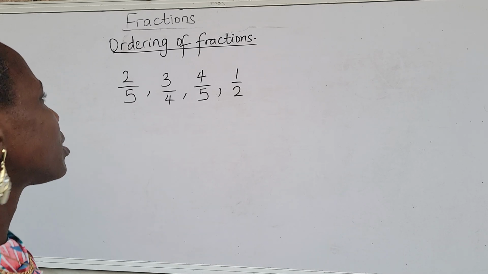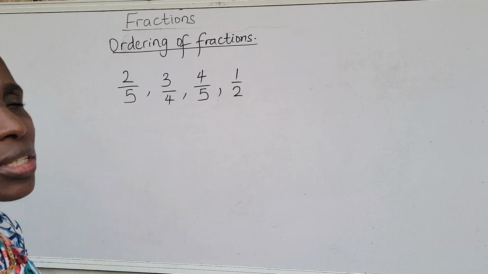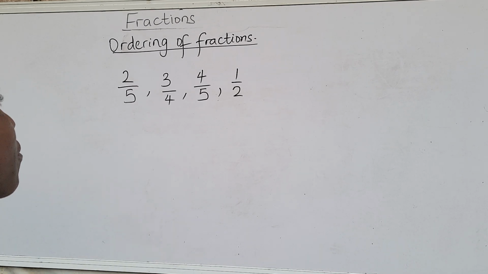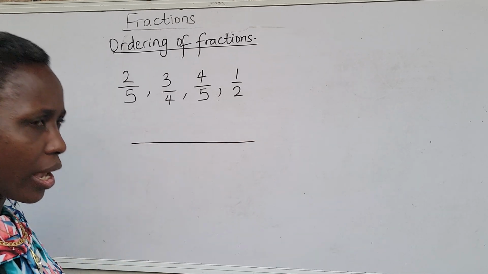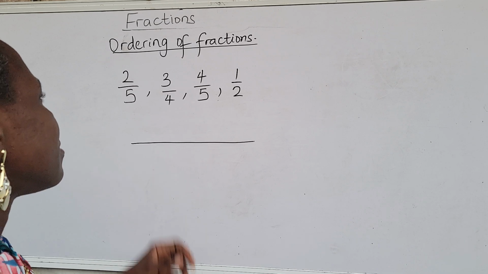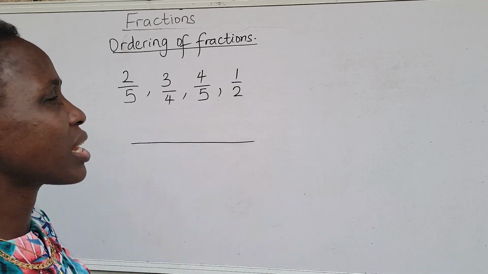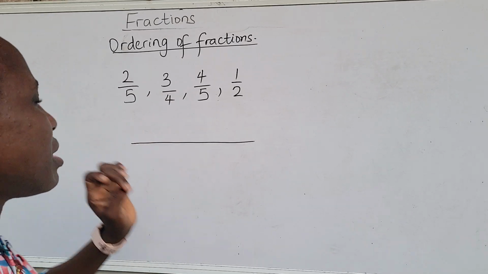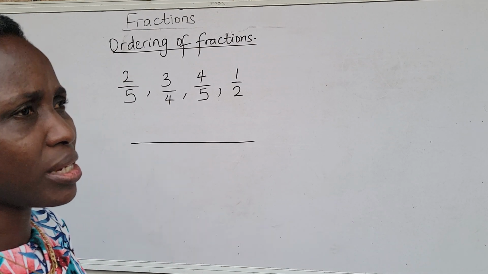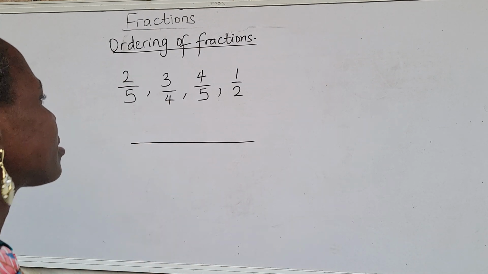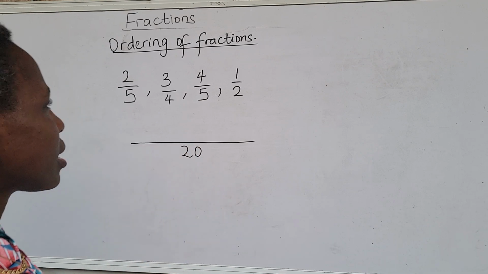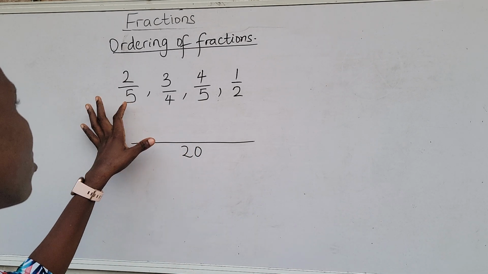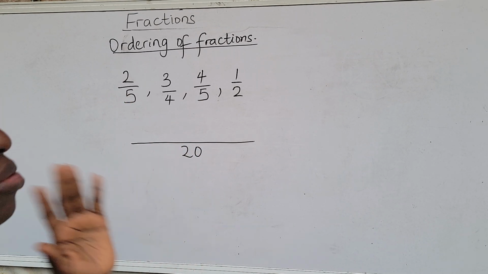So how do we do this? The very first step to take is to find the LCM, the lowest common multiple, a number that each of these denominators can divide without a remainder. From the look of things, we have 20. Each of these can divide 20 without a remainder.